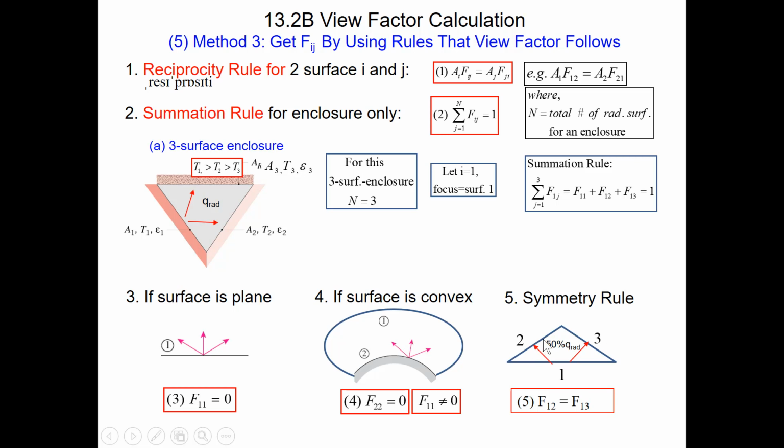If surface 2 and surface 3 are symmetric about surface 1, these two view factors are the same. It indicates that if 50% of radiation heat flows from surface 1 to surface 2, the same percentage of radiation heat flow goes from surface 1 to 3 as well.